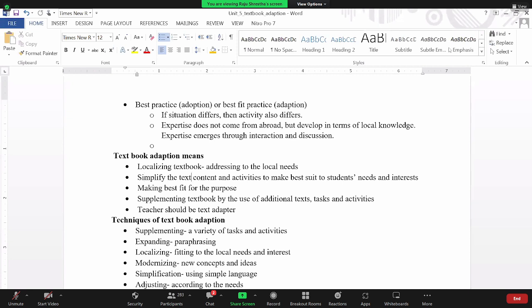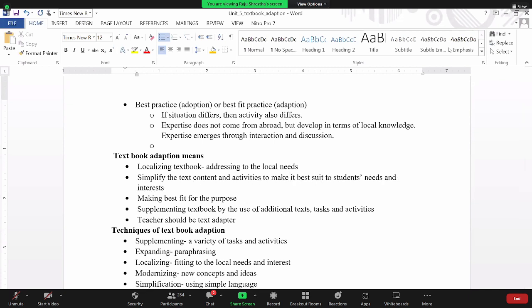Text adaptation means just simplifying the text content and activities to make it best suit or best fit to the students' needs and interest.